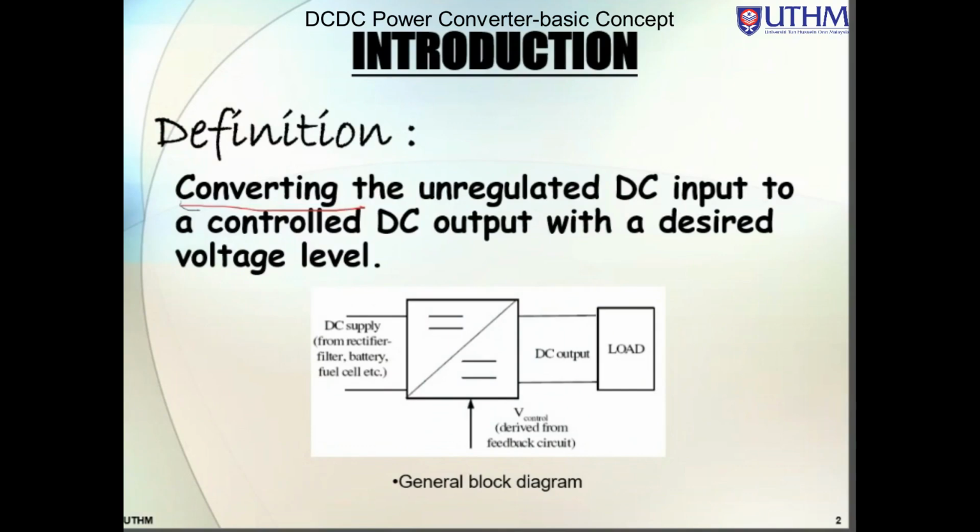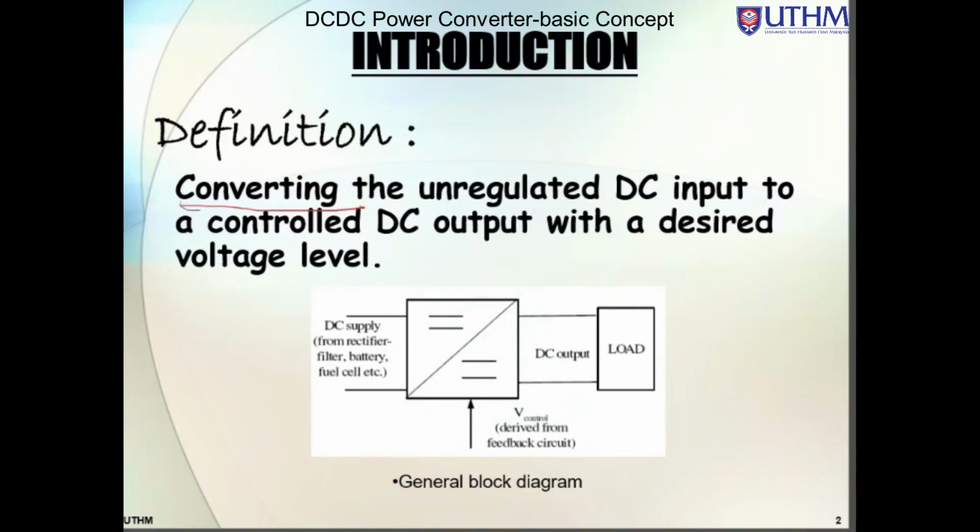That means if we want a specific value of output, for example, not just 5 volt, maybe 3 volt, maybe 20 volt, depending on our type of load where we want to use, then we can design our DC to DC converter to suit the requirement of our load.